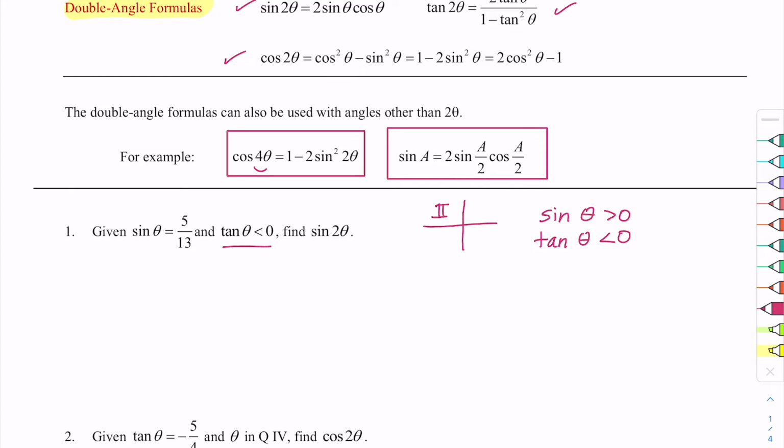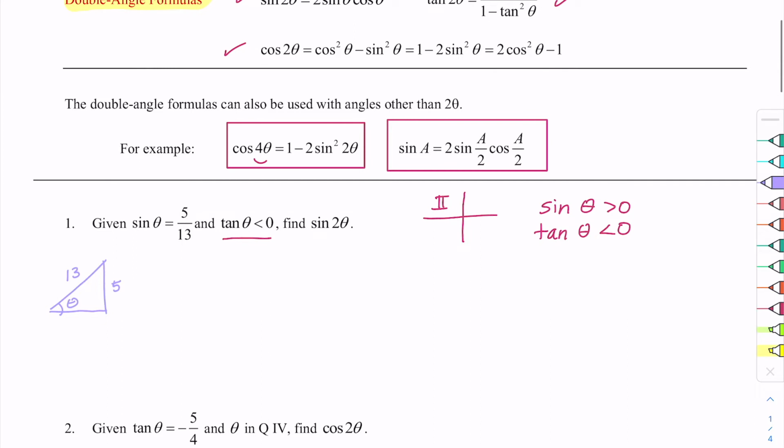Okay, so now let's go ahead and draw our triangle. And we have theta. And if the sine of theta is 5 over 13, we know that the opposite is 5 and the hypotenuse is 13. So we have x squared plus 5 squared equals 13 squared.